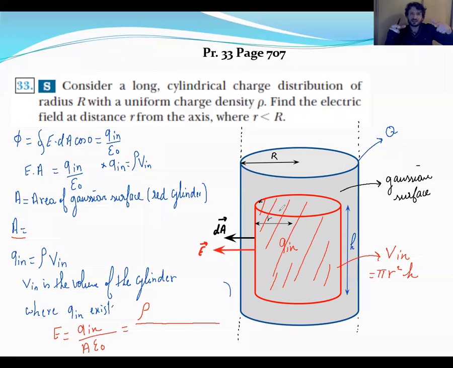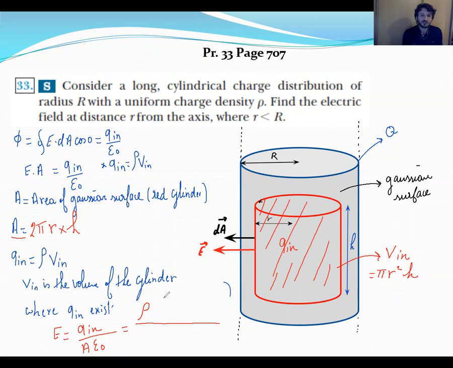The area of the cylinder equals 2 pi r times h. And the volume of the cylinder equals pi r square times h.